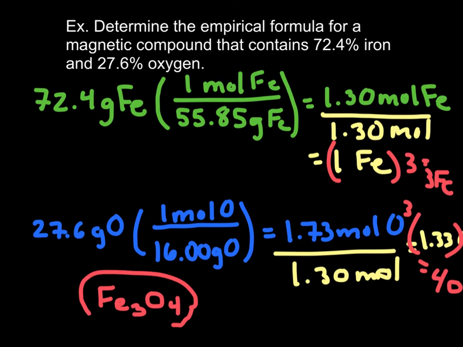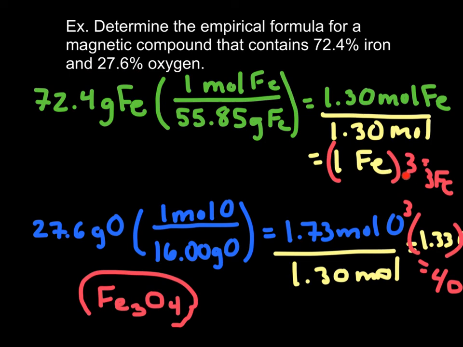So we decided that 1.30 was less than 1.75 moles. When we did this, however, we were able to get a whole number for iron, but we got 1 1/3 for oxygen. This posed a problem. This is one of those special decimals. So in order to fix this problem, and in order to get rid of the 1/3 of an atom, we triple everything.